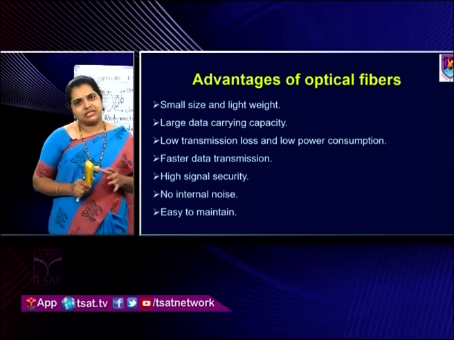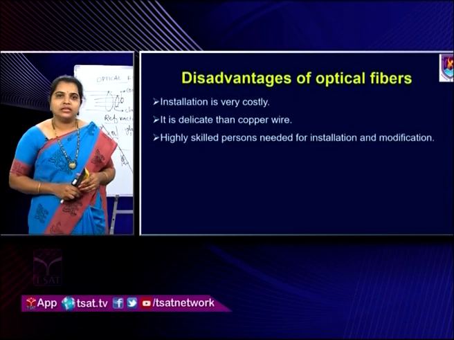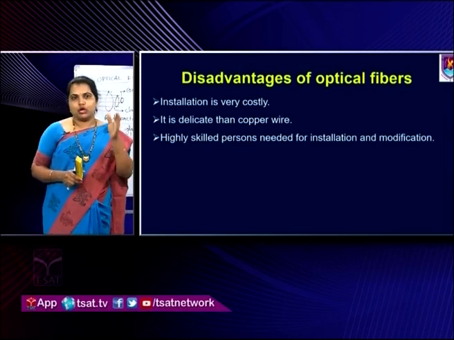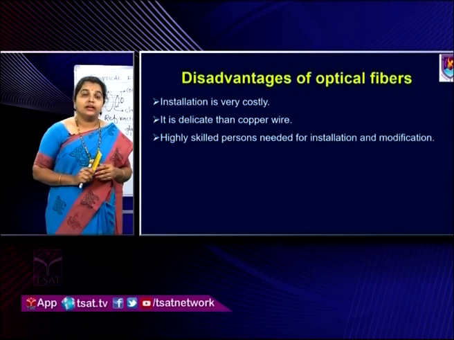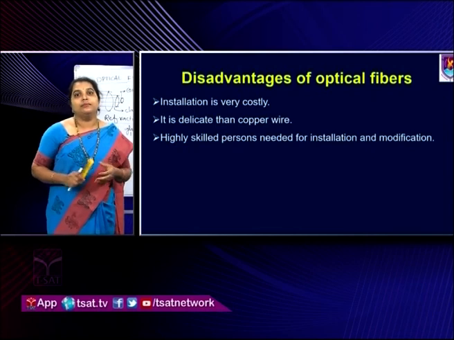And we have some disadvantages also. What are the disadvantages? The installation cost is very high, and compared to copper cables, fiber optic cables are delicate. Then highly trained and skilled persons are needed for maintenance.